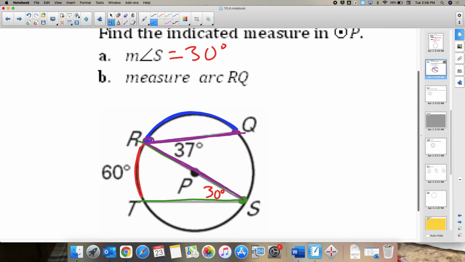Since QRS is 37 degrees, arc SQ, or QS, will be 74 degrees. Now what they want us to realize then, if I go halfway around my circle here, this whole arc here is 180. Since arc QS is 74, arc RQ is 106.